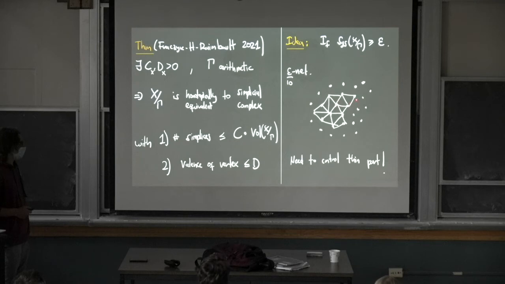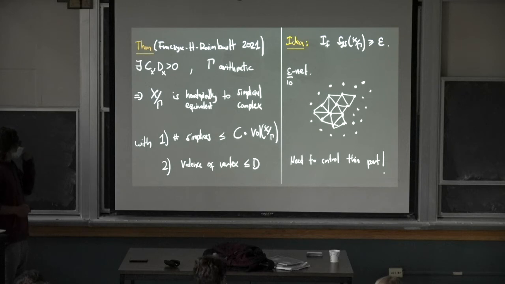If you do this in a nice way, you would expect the number of triangles or simplices needed to be the volume over some constant depending on this epsilon.